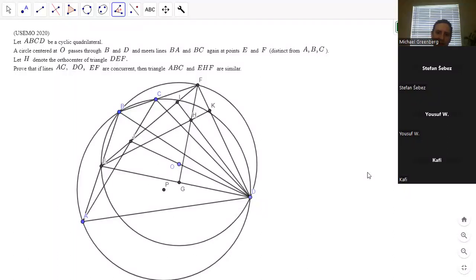But DJ is DO, so maybe we would get some angle condition. Yeah, that looks pretty good. So basically this angle would equal this angle. And it's not exact because I didn't draw the figure exact, but it does look good.